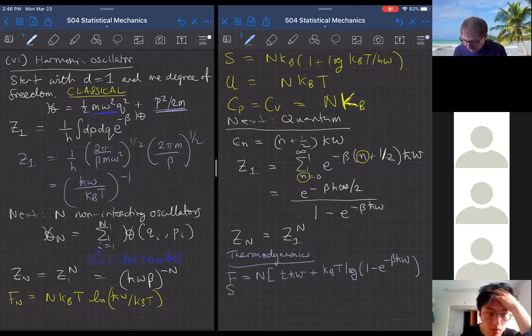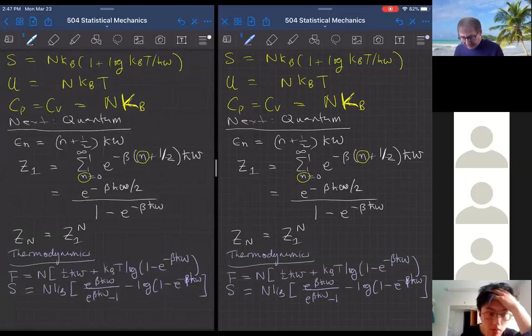The entropy is n times kB times (beta h bar omega over e to the beta h bar omega minus 1 minus the log of 1 minus e to the minus beta h bar omega). And I'm going to go to the next page.